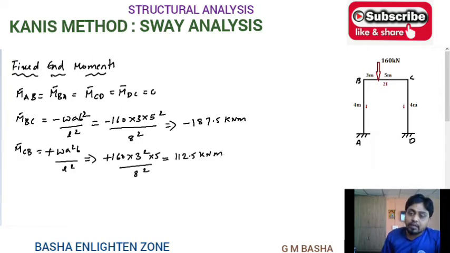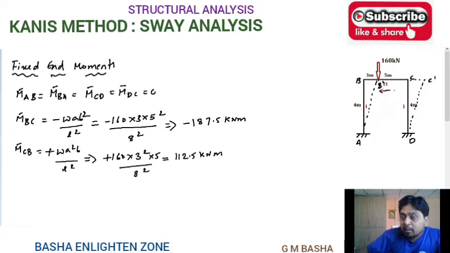After finding the fixed moments, your next step is to find the rotation factors for Kani's method, the same as for continuous beams and non-sway analysis. But here you have to remember that you have to find displacement factors also, and that too only for the columns. Why? Because whenever sway happens, the frame will be like this. There will be B dash and C dash.